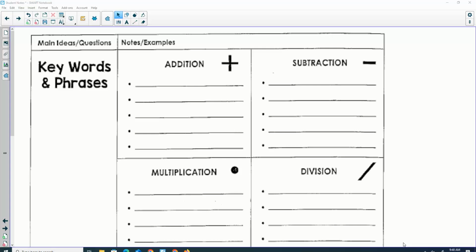Okay, addition. Can you guys think of any words that might mean addition? Sum, plus. I might say more than. Come up with some more.